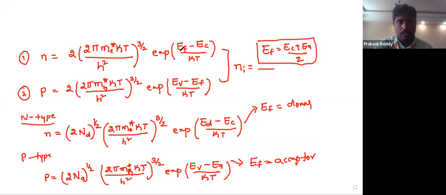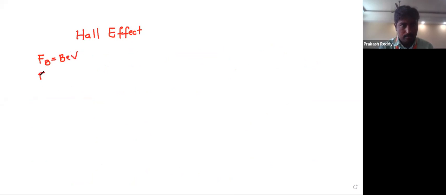So these are the semiconductor equations. After that, in today's class, the Hall effect. First we take into consideration the magnetic force and electric force, giving EH.